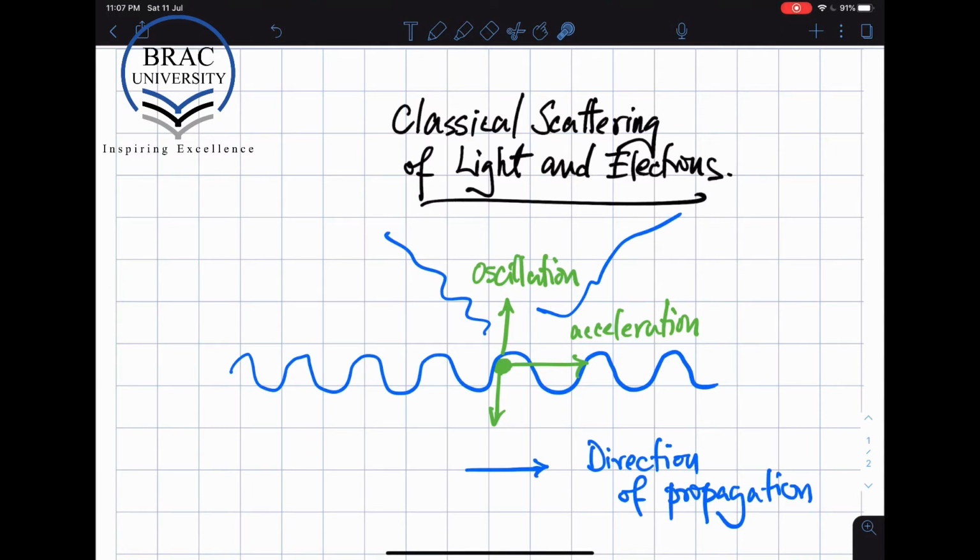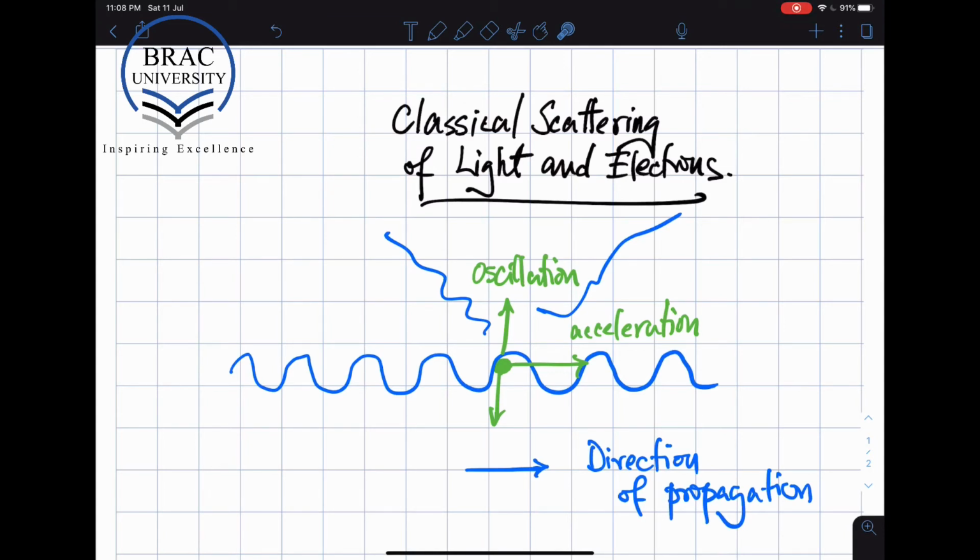Because of the red shifting of the incident wave, the frequency of oscillation of the electron will also decrease, and therefore the frequency of the radiation that the electron is emitting will also decrease. So as time goes on, the frequency of the radiated or scattered wave will go down.